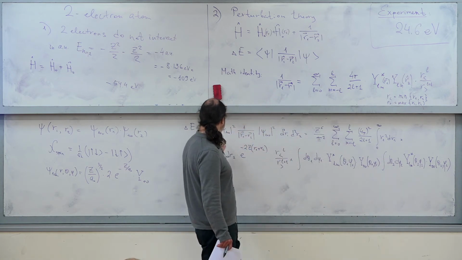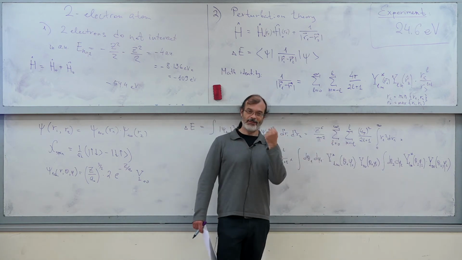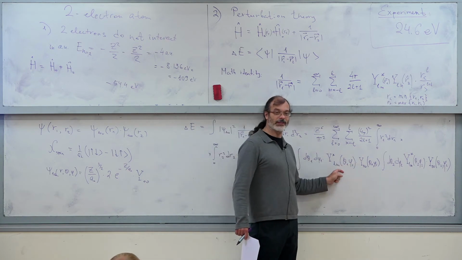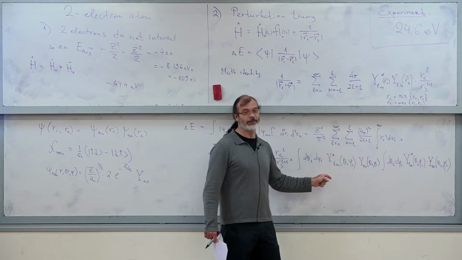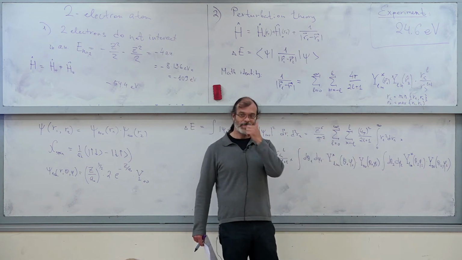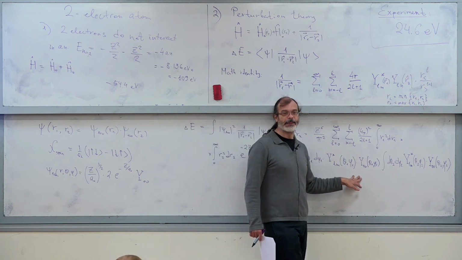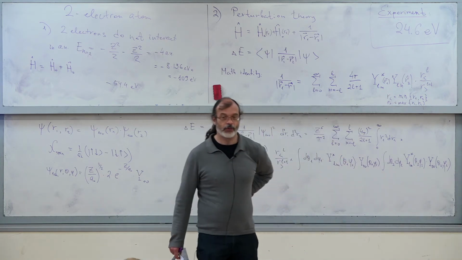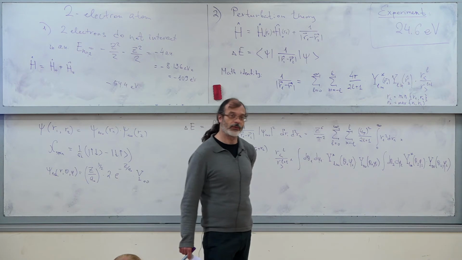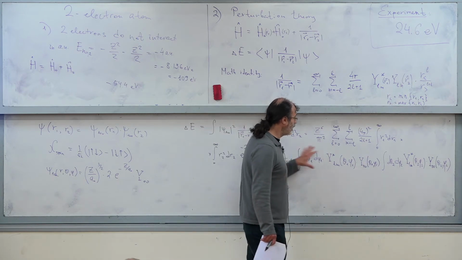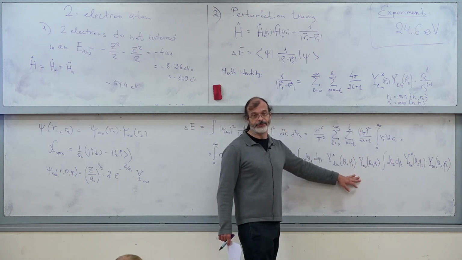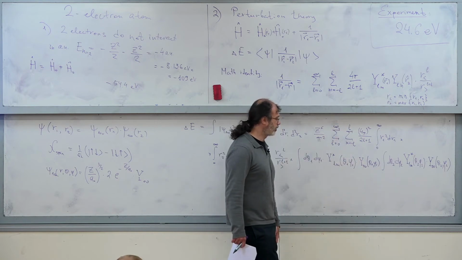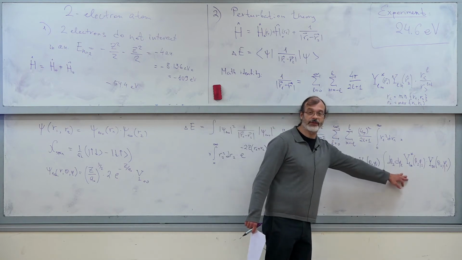But this is the powerful method here, because of these multiplications the sum drops away. It goes away because of the orthogonality of the wave functions. So this integral is essentially a delta function for L. The spherical harmonic is normalized, so it's a delta function.